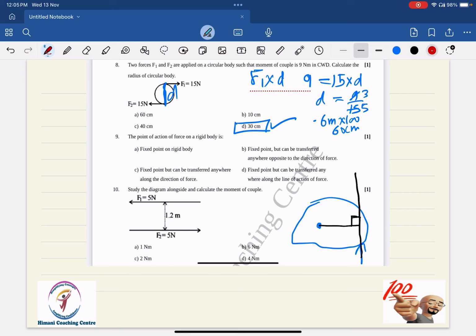Now, can I put this fixed point here? Yes, as long as it is perpendicular to the direction of force. So fixed point, and it can be transferred anywhere along the direction of force. Can I do like this? Yes. Can I do like this? Yes. So that is our answer.